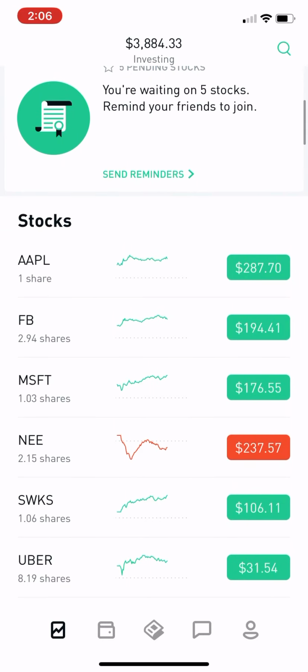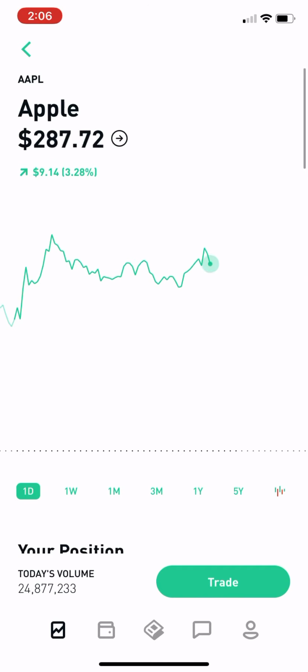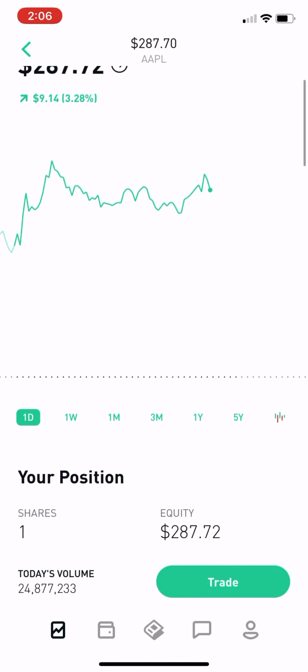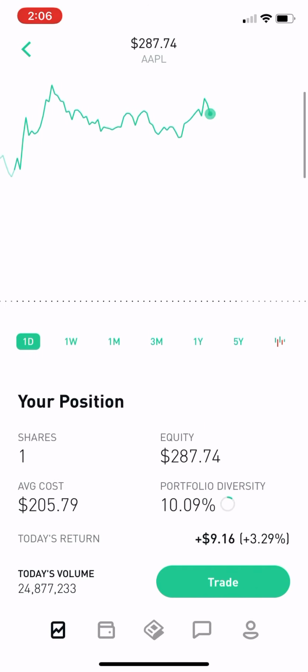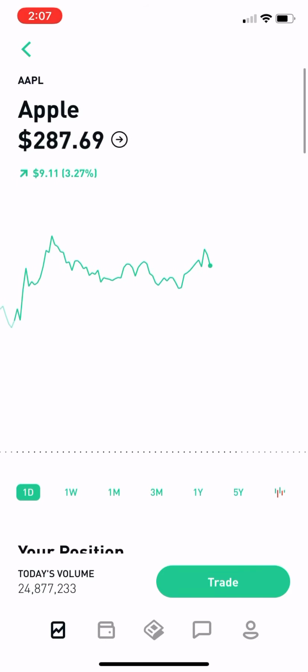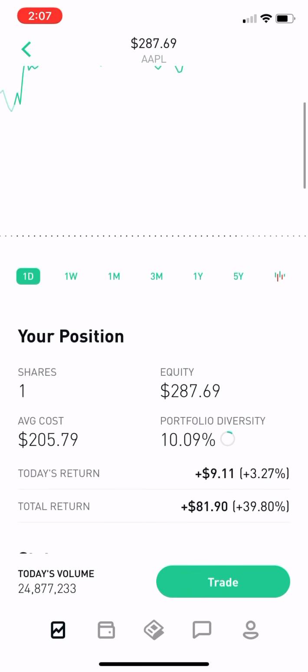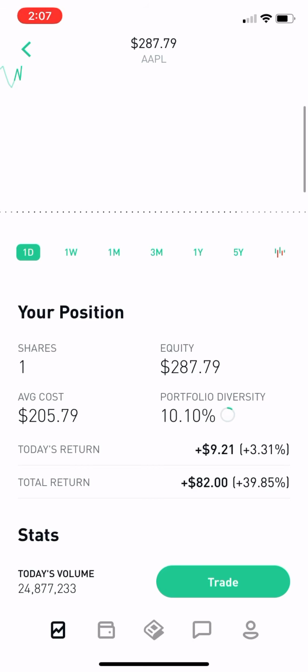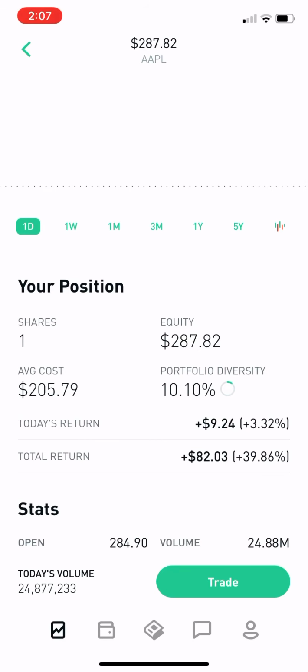So let's take a company that many of us know for sure. It's a widely known company, and that's Apple. Apple is a company that produces cell phones, computers, all that pizzazz. I don't need to explain that all to you guys because you guys probably even know more than me about them. But Robinhood shows you exactly how many shares of stock you own, which is on the your position area right here.